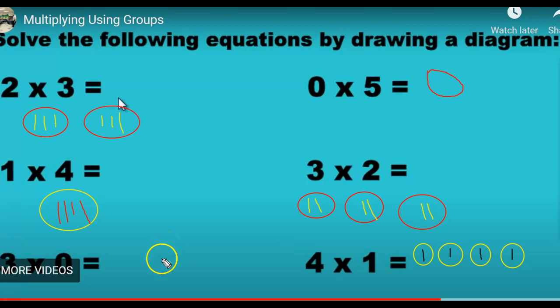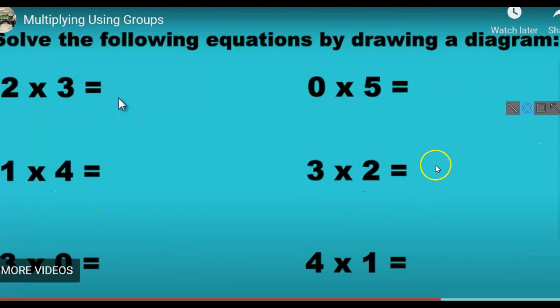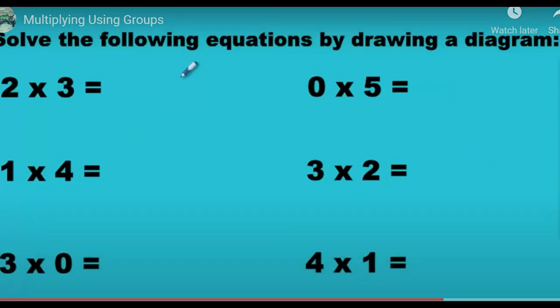This would be 0, but the first number tells me I have 3 groups, right? How many in each group? 0. Nothing. So my answer is 0 for that one. Okay? All right, let's see how you did.